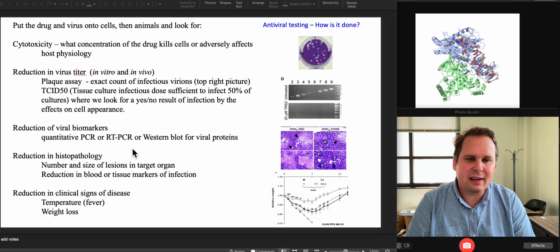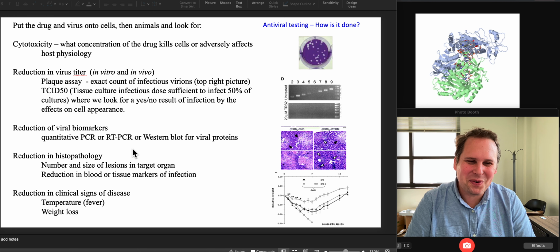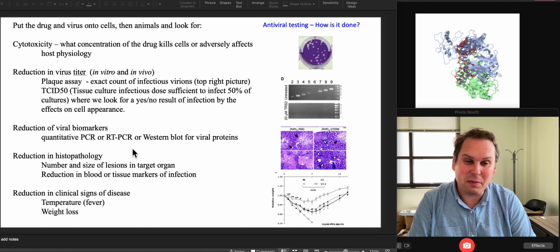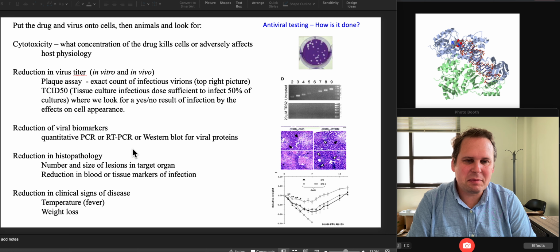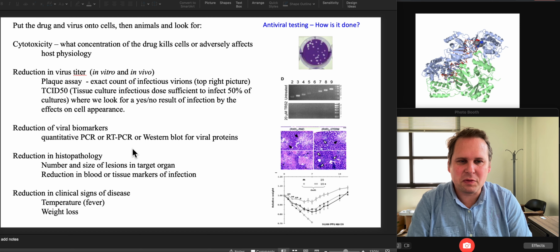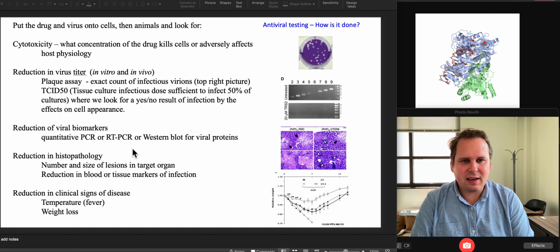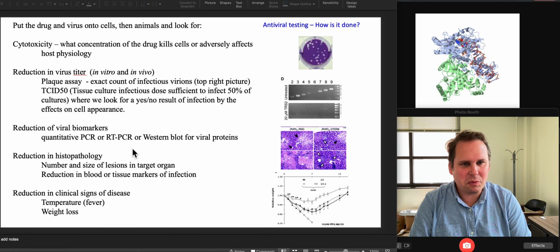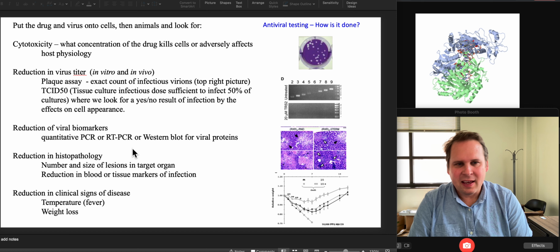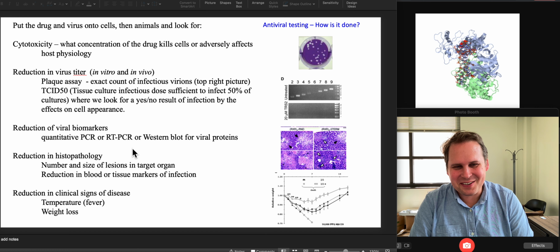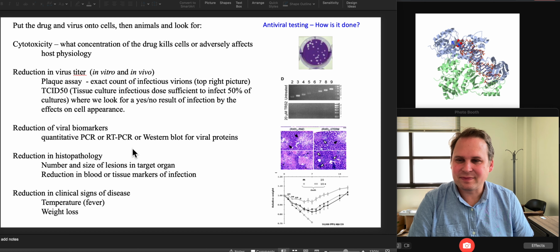You could try it in a horse, but you'd have to have a whole barn full of animals, and you need a decent number of animals. Sometimes you may need 15 or 20 in each of the treatment groups, treated and untreated, to get a statistically significant result and make sure that your drug actually works as you think. So, yeah, that is tricky stuff, and it helps to have a statistician involved, for sure.